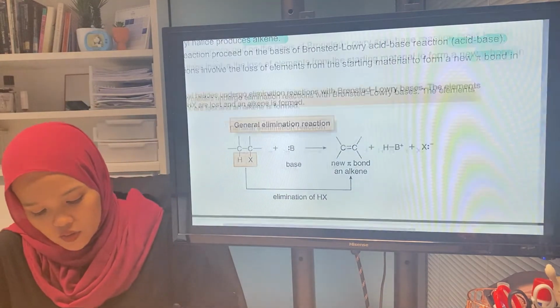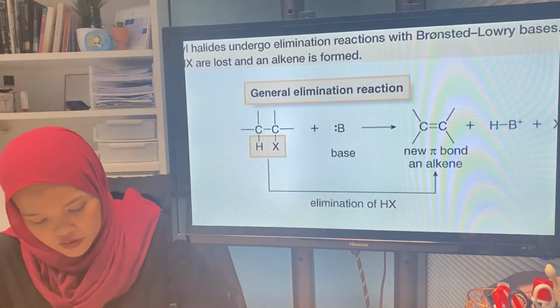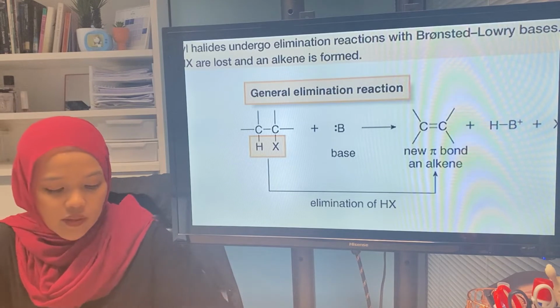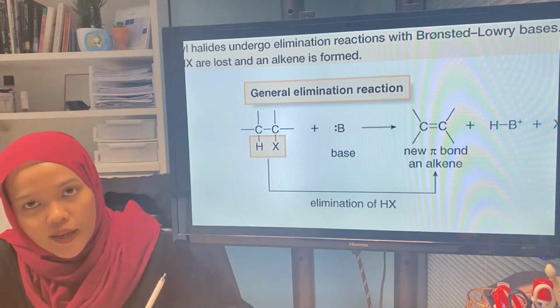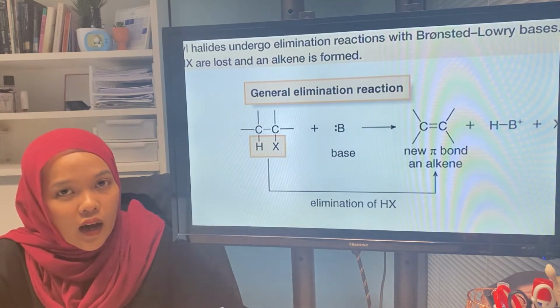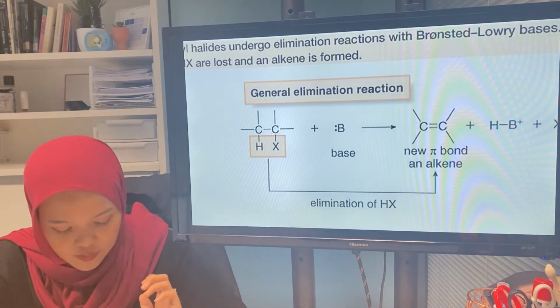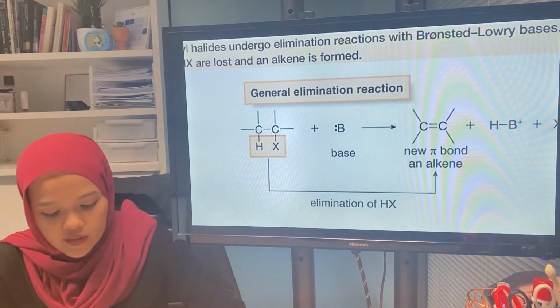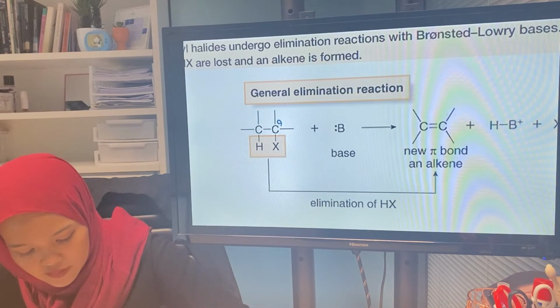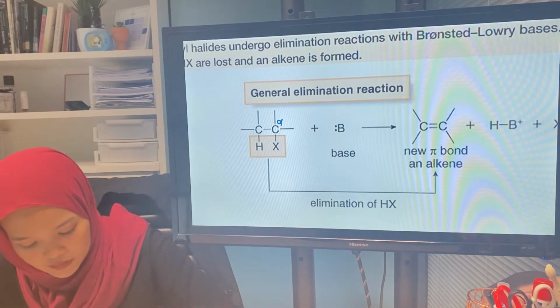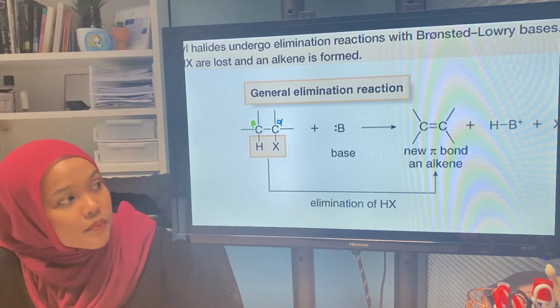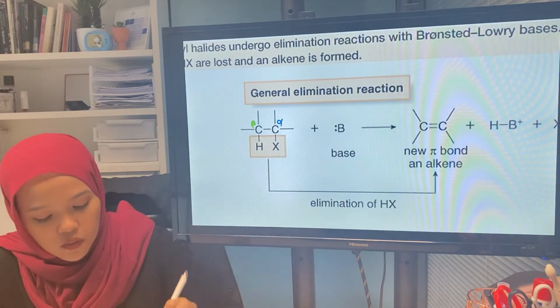Here is the general elimination reaction. Do you still remember the alpha and beta carbon? You must. Which one is the alpha carbon? This is our alpha carbon, and this is our beta carbon. Alpha, beta.